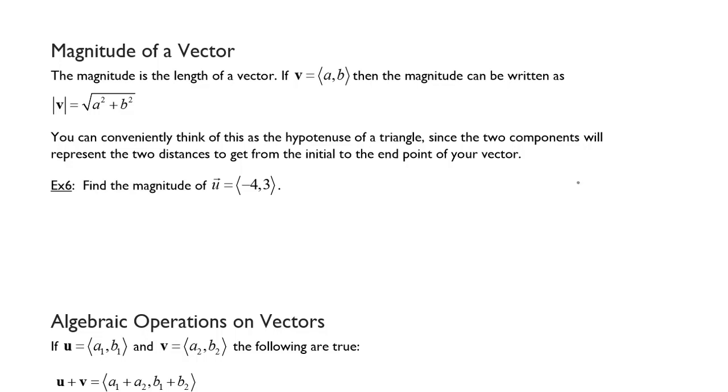If you think about this as the Pythagorean theorem, we know that a squared plus b squared equals c squared. And if we wanted to find the hypotenuse, or the diagonal, given the components a and b, we would take the square root of a squared plus b squared to find c. It's very similar if we turn this into a vector.